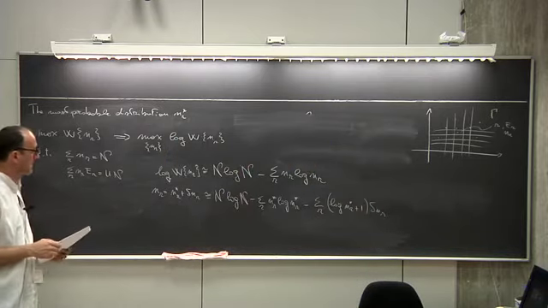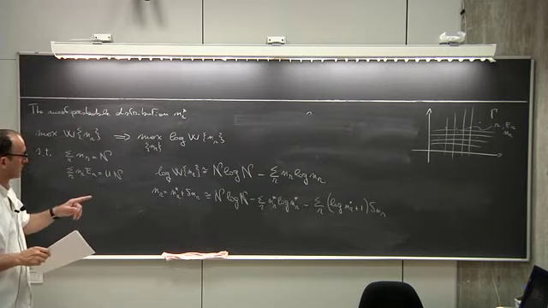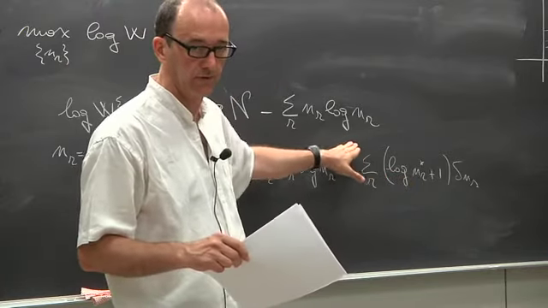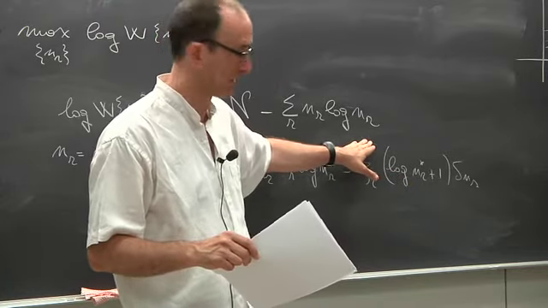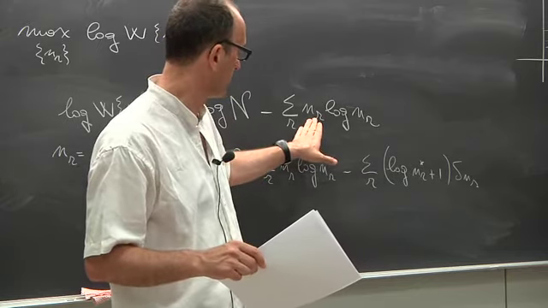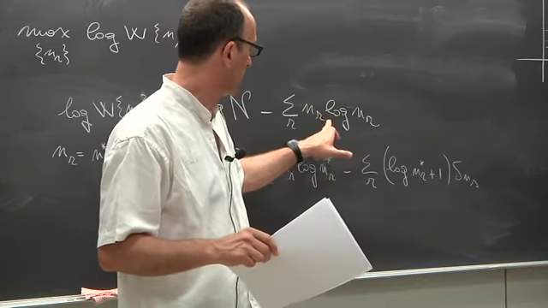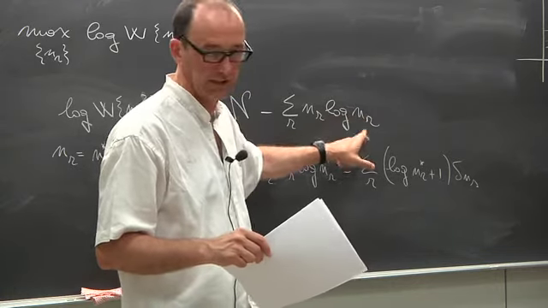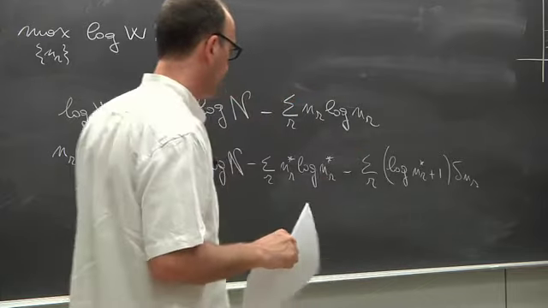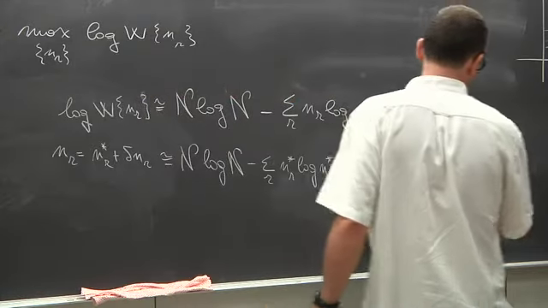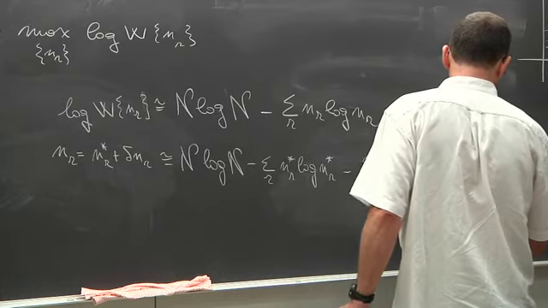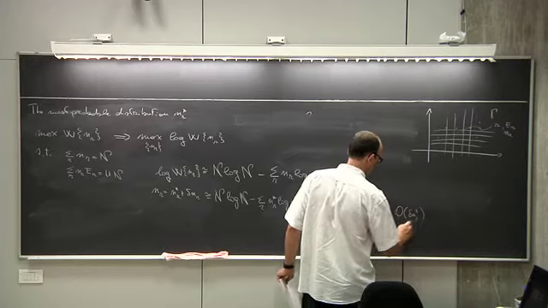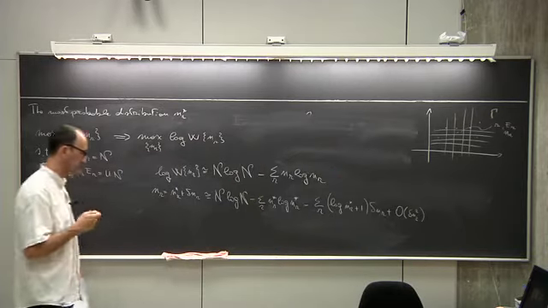This is just the derivative with respect to n r. When I take the derivative with respect to n r, you get log n r, and when you take the derivative of the log, you get n r divided by n r, which is 1. And there are higher order terms.